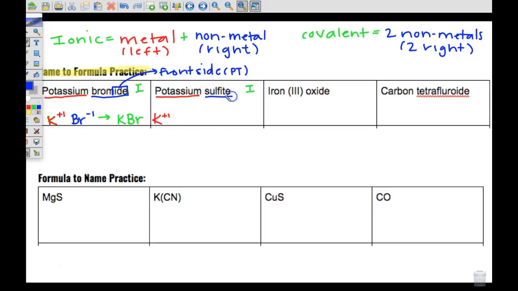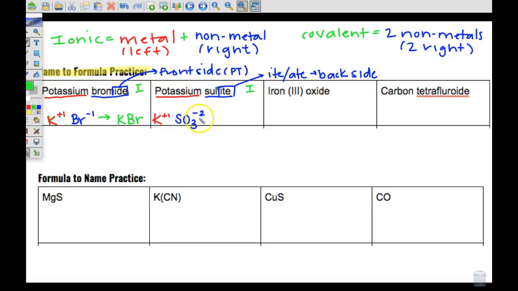But the anion ends in ITE. And I have to remember that if I end in ITE or ATE, that it's a backside element, or a polyatomic ion. So I'll have to flip my pink periodic table over and scan the list for the word sulfite with ITE. And the formula for sulfite is SO3, and the charge is -2.